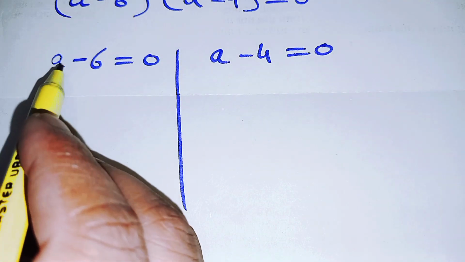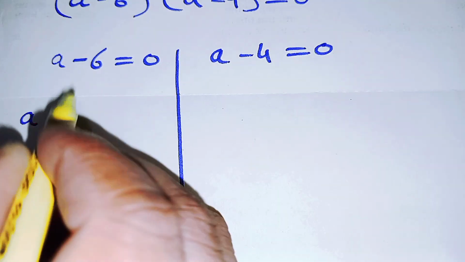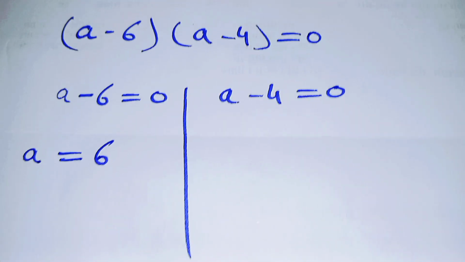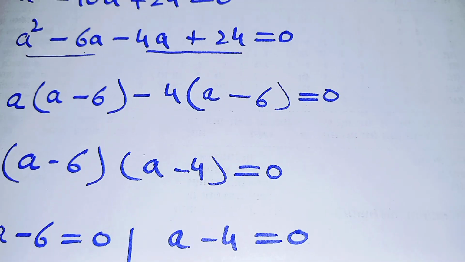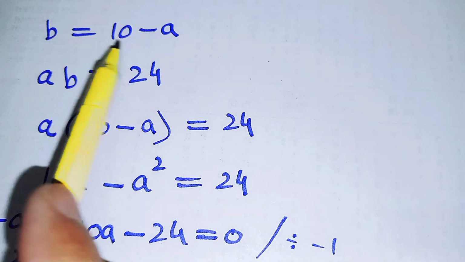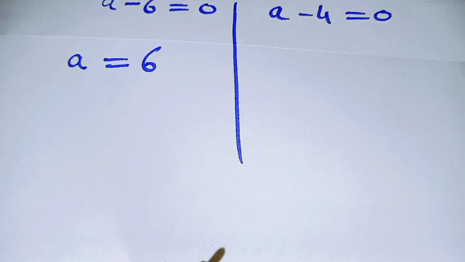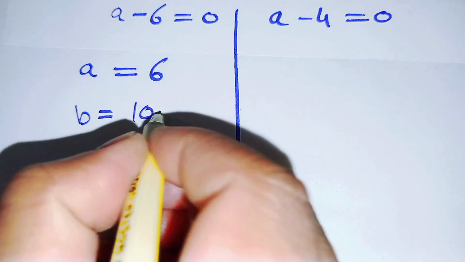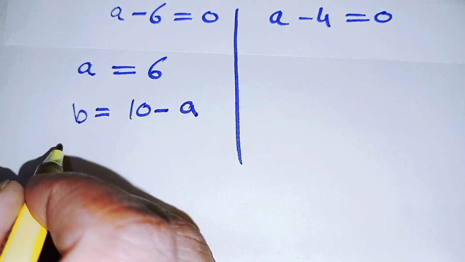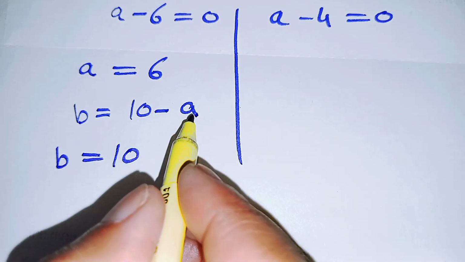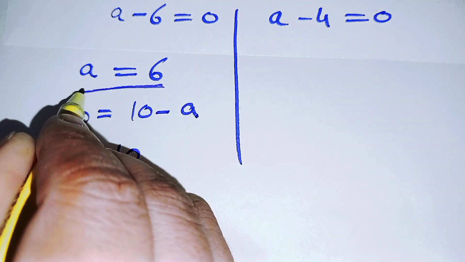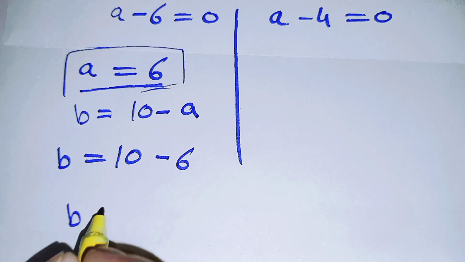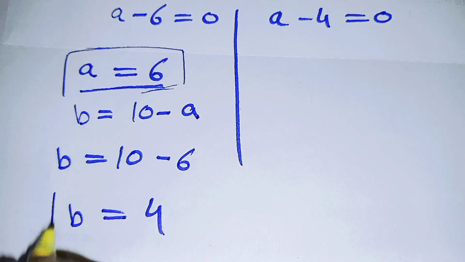Here a is equal to 6. Now we put this value into b is equal to 10 minus a, so b is equal to 10 minus 6, which is equal to 4. So this is the value of b.